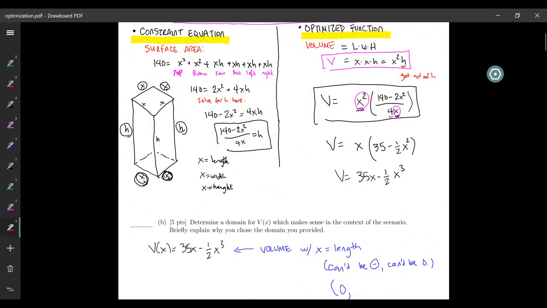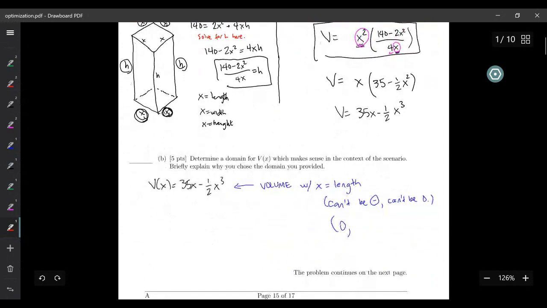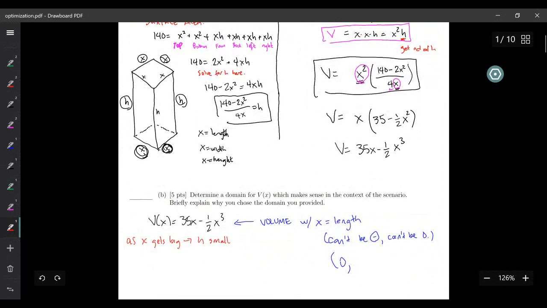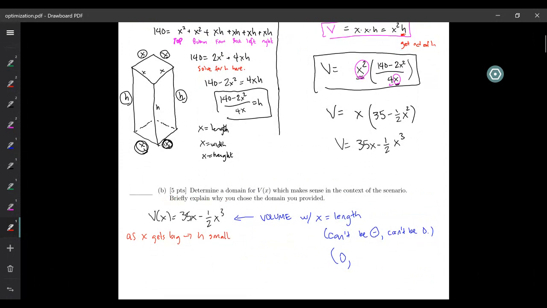This constraint equation helps you get rid of the variable h in the volume function, but it also tells you how big x can get. As x gets big, what's going to happen is that h gets really small. Right? If you use more of the dimensions on the length and the width, the height gets shorter and shorter.